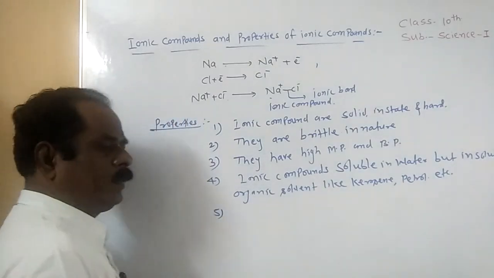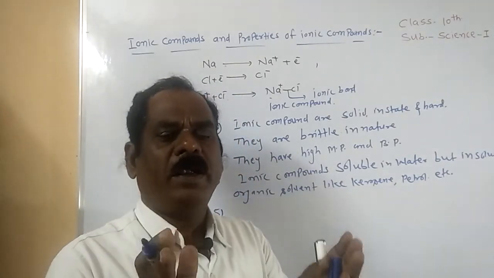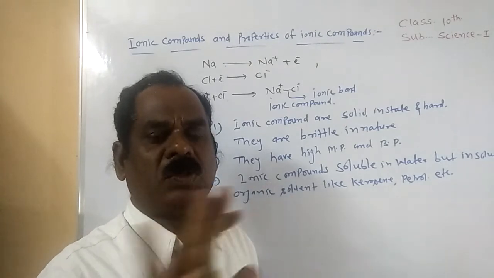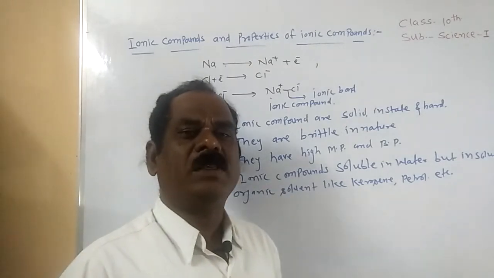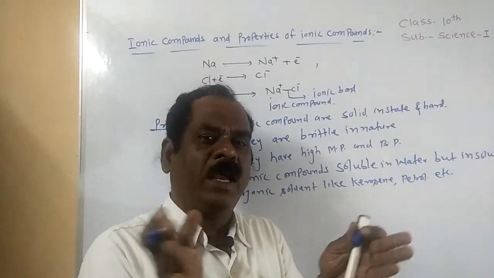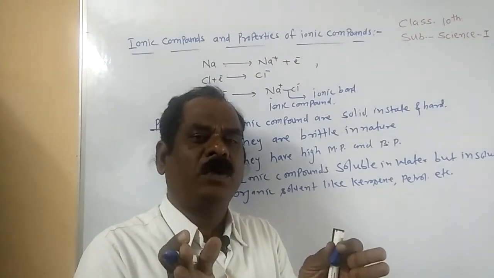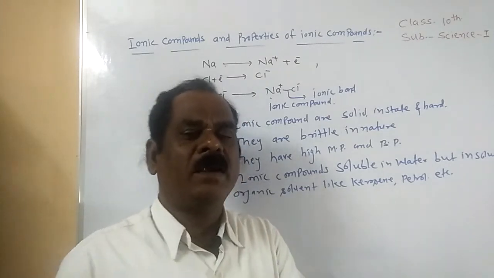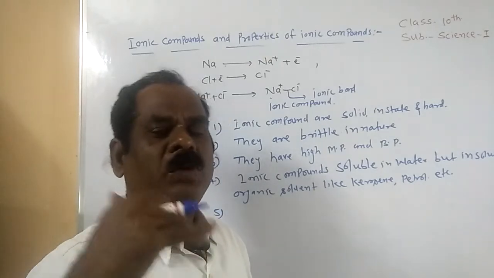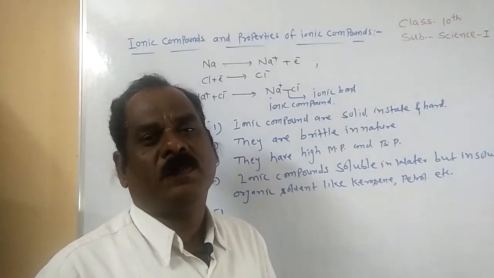Next property: if you take solid sodium chloride in a container and pass electricity, electricity does not pass in the solid state. Why? In the solid state, these positively and negatively charged ions are held strongly. They do not move. Therefore, they act as a bad conductor. But if you melt this sodium chloride, the ions separate.